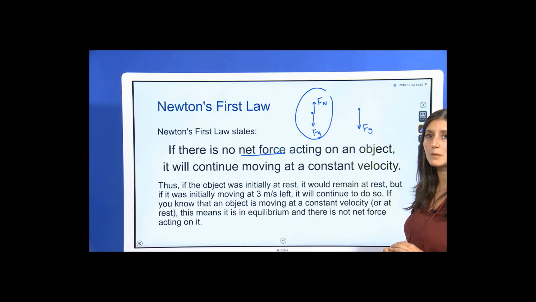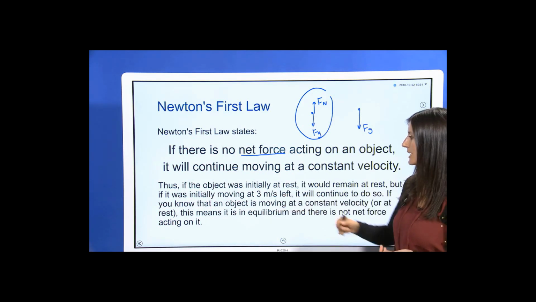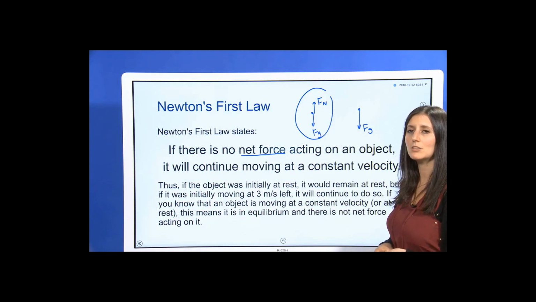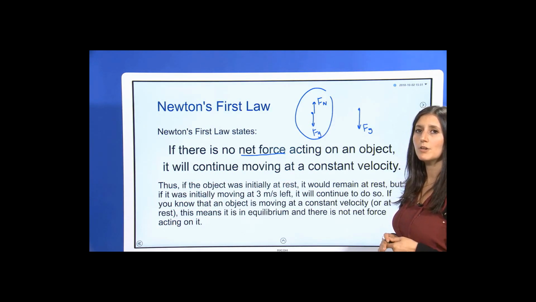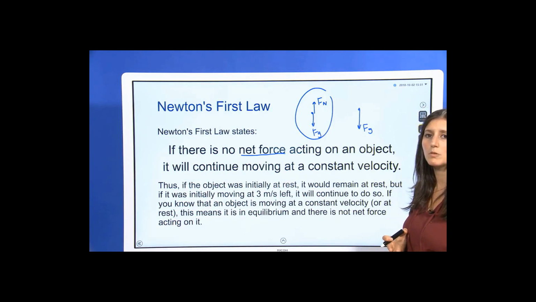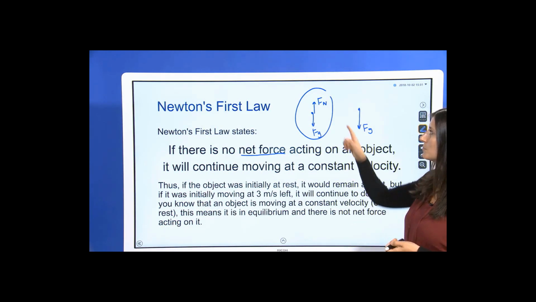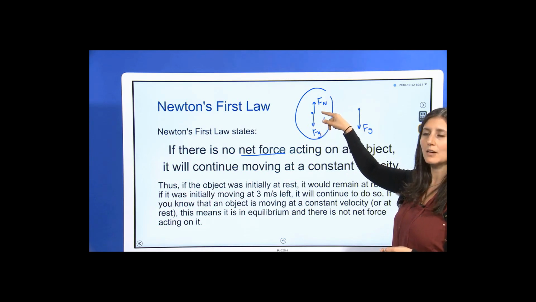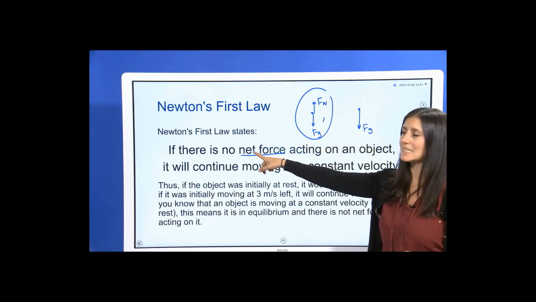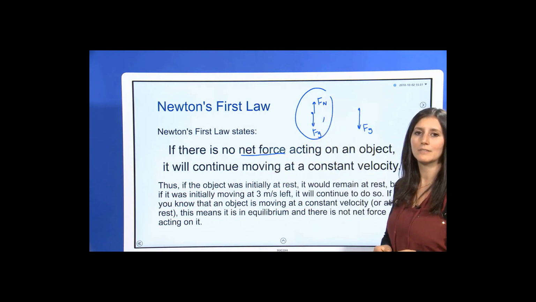But if it was initially moving at a velocity, such as, for example, 3 meters per second left, it will continue to do so. If you know that an object is moving at a constant velocity, or that it's at rest, which means the velocity is constant at zero, then that means it's in equilibrium, which means all of the forces cancel out and the net force is zero, like it is here.